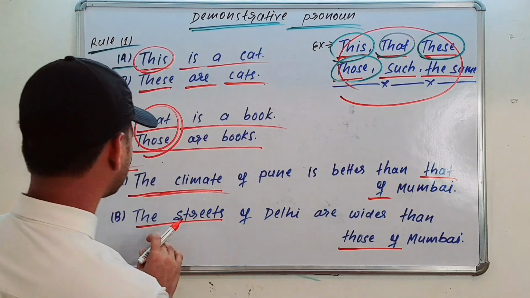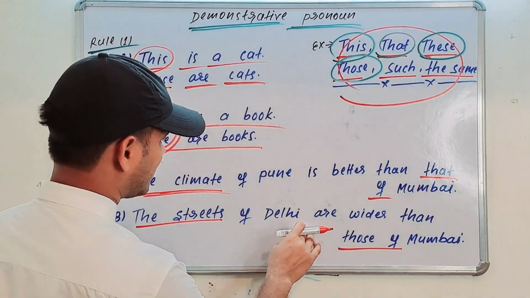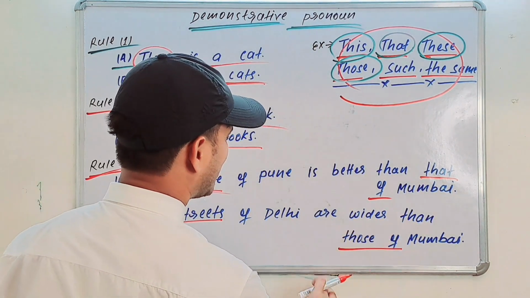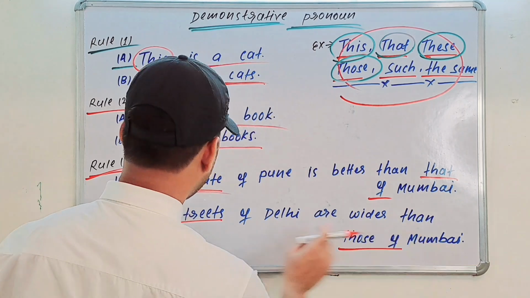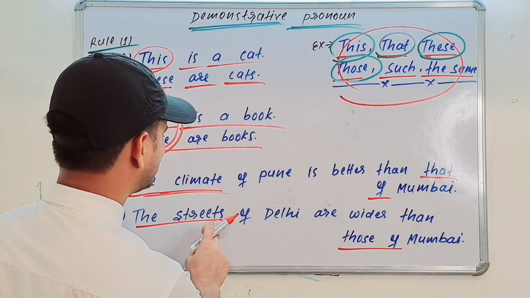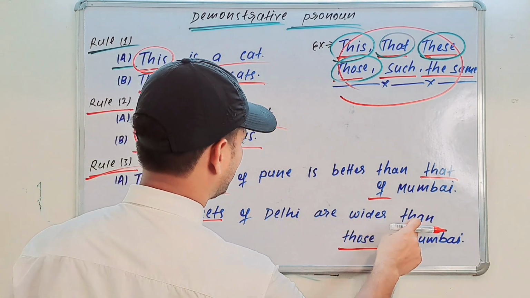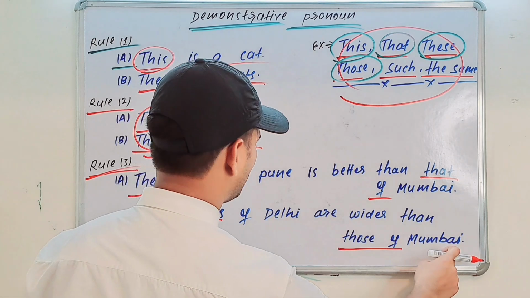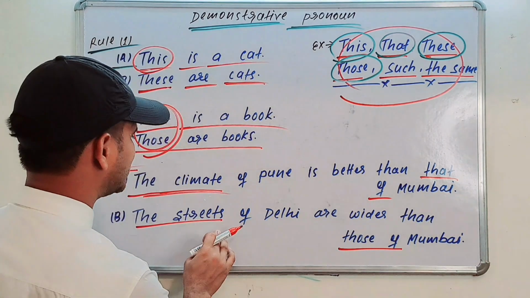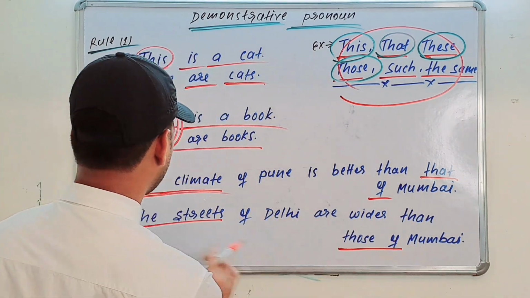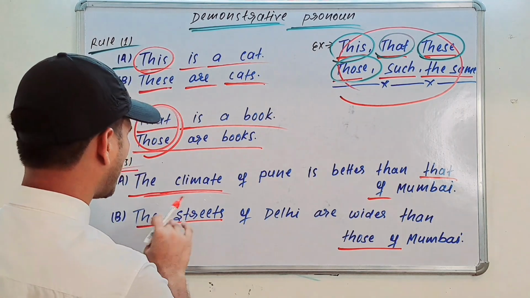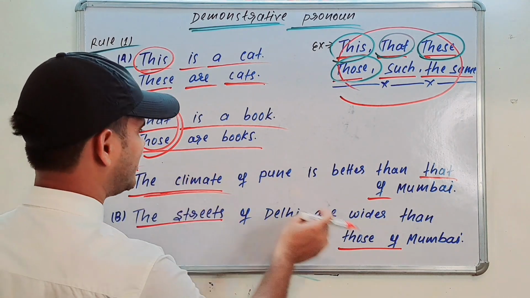How? Here, see. The streets of Delhi are wider than the streets of Mumbai. Here, "the streets" is used twice, which is the repetitive use of the noun.